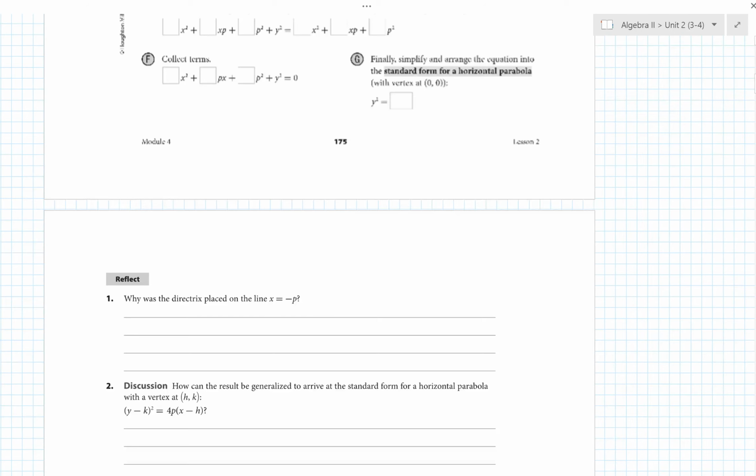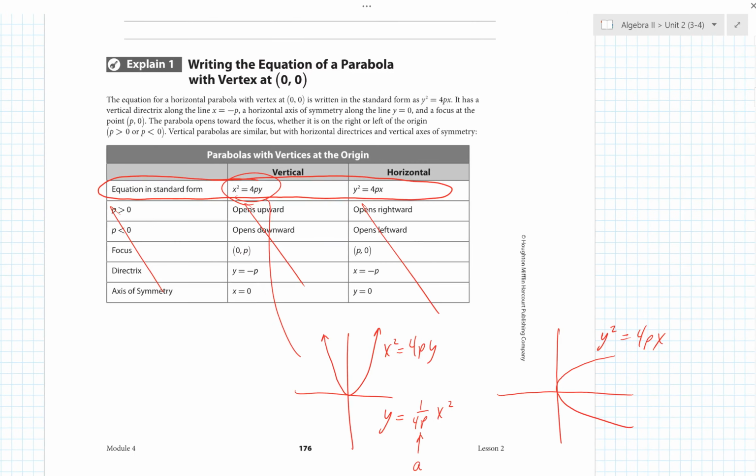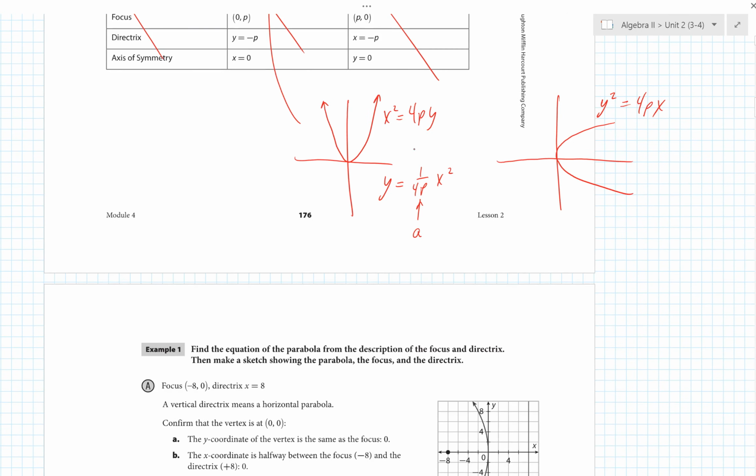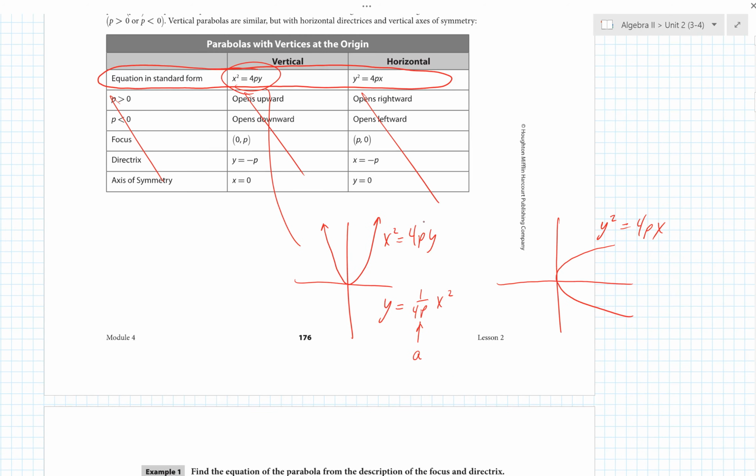Remember back what I was talking about earlier, a equals 2? Well, now a would be 1 over 4p. So we're just using a different set of parameters and writing the equation differently. The reason we write it this way is that this distance p is the distance from the vertex to the focus.